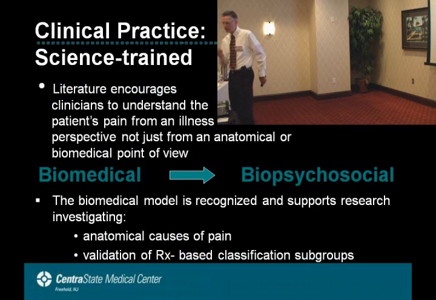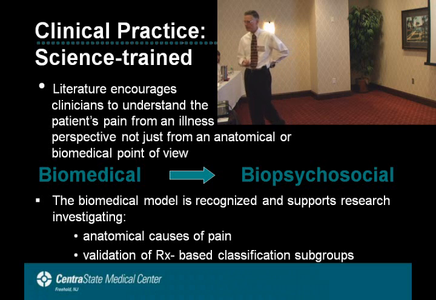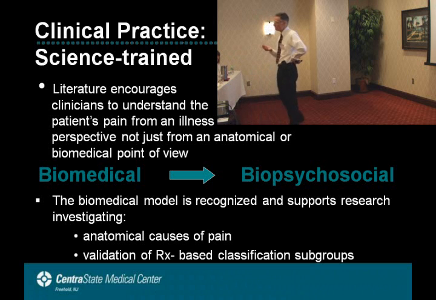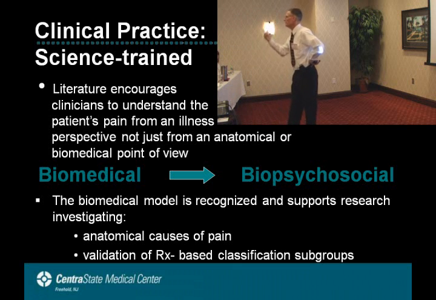And that leads us into the strong push, and it gets stronger and stronger every time I read clinical practice guidelines. They don't seem to change over the past 5 to 10 years. They're encouraging us to understand the patient's pain from an illness presentation. Well, the World Health Organization comes along and says, we're going to support biopsychosocial, but we're going to change the name, we're going to change the category. Now it's International Classification of Disability, Function, and Health.